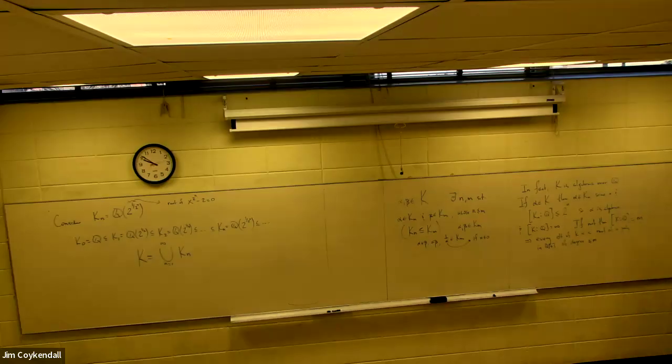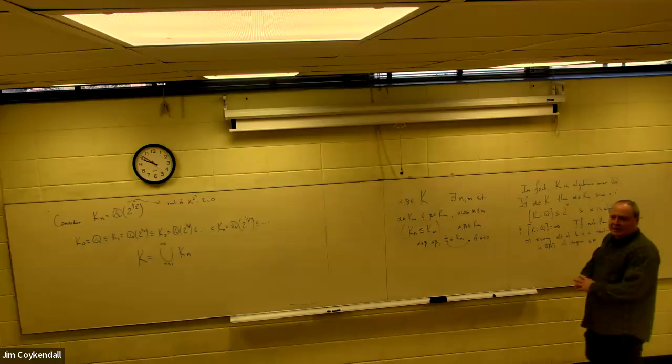Everybody okay with that? That's basically because this is an n-dimensional vector space over Q, along the lines of the proof we did before. Any set of n plus 1 elements is linearly dependent, right?